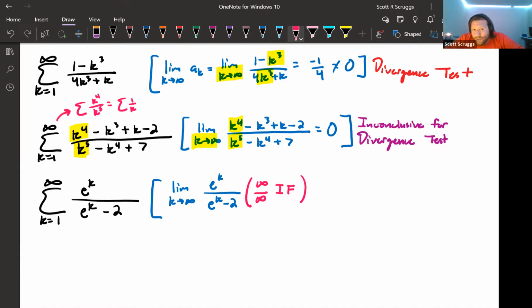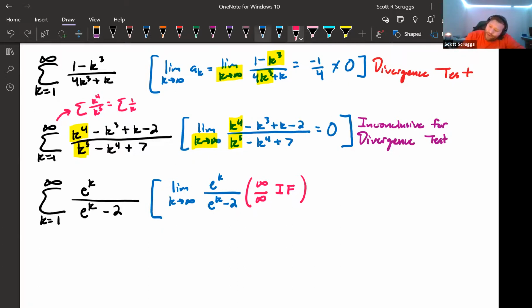The reason I'm thinking of L'Hopital's rule is that if I took the limit of that numerator, that will be infinity. Take the limit of that denominator, that will also be infinity. So I have an indeterminate form of type infinity over infinity, and that is one of my two indeterminate forms that allow me to use L'Hopital's rule.